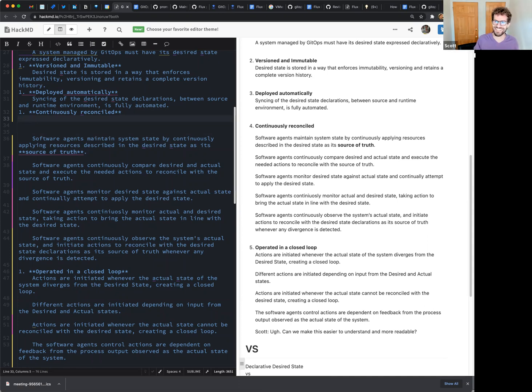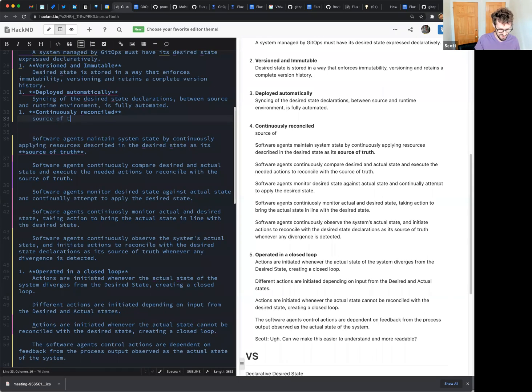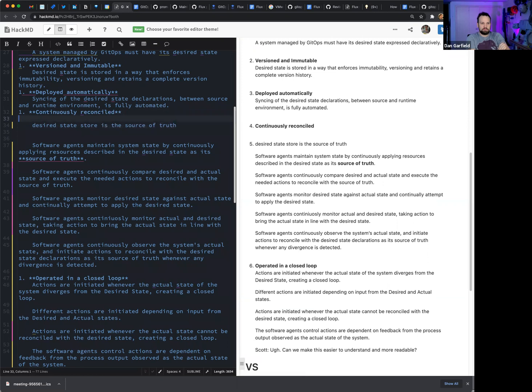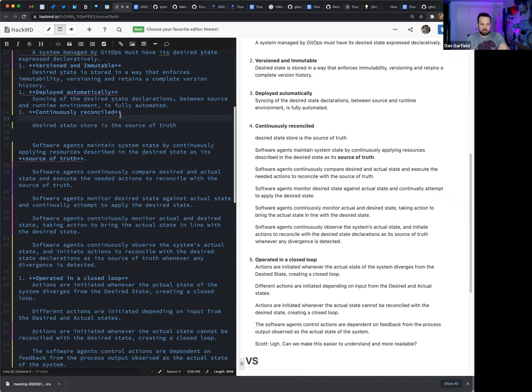I'll just put this at the top, like, we know we want the source of truth, we want to point to the desired state store. Because what's unique about principle 4 is software agents pulling, and source of truth, right?